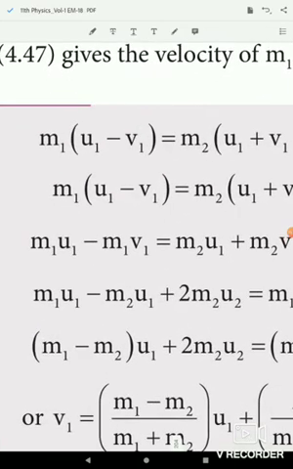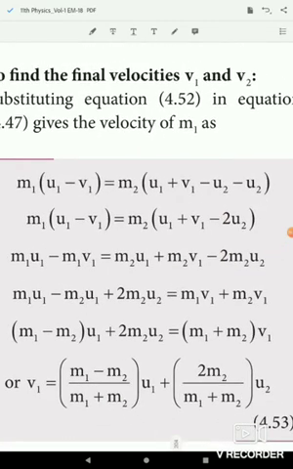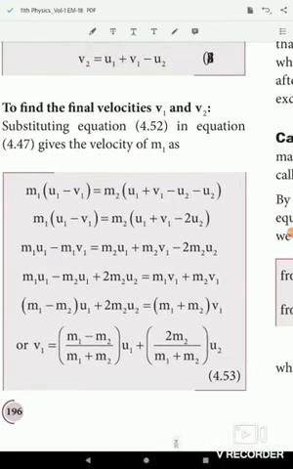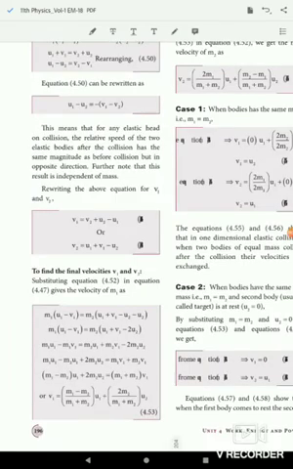In this term u1 is common, so take it out, and you need the v1 value. So v1 = (m1 − m2)/(m1 + m2) into u1 + 2m2/(m1 + m2) into u2.